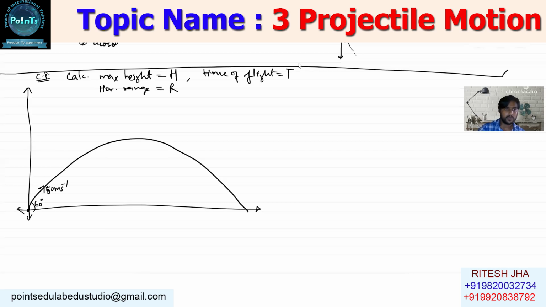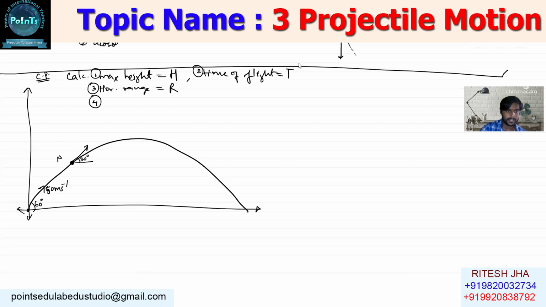So this is the first one, this is the second one, this is the third one. Now suppose this is point P, and at this point the velocity makes, let's say, 30 degrees with the horizontal.